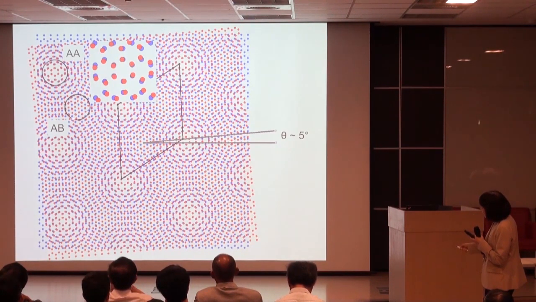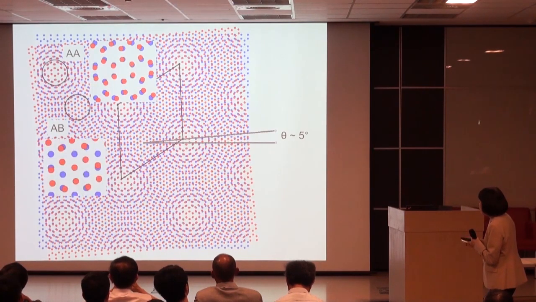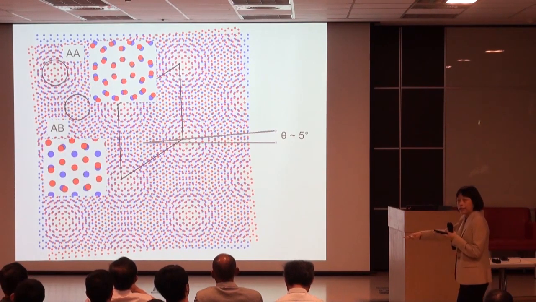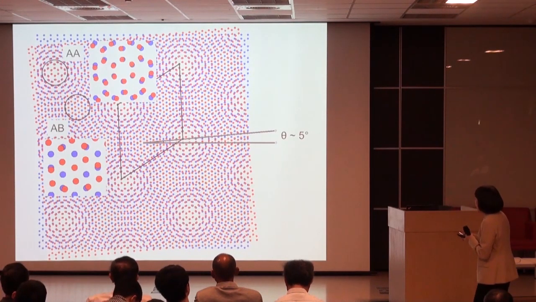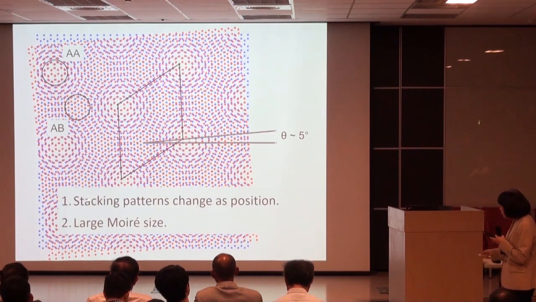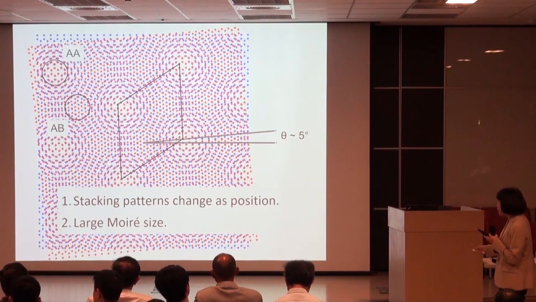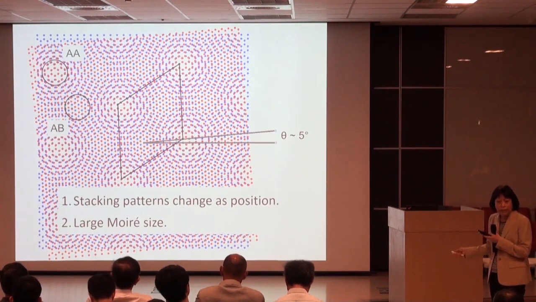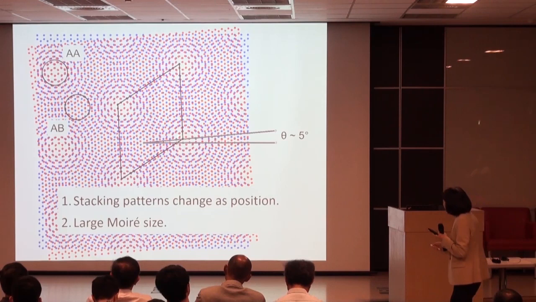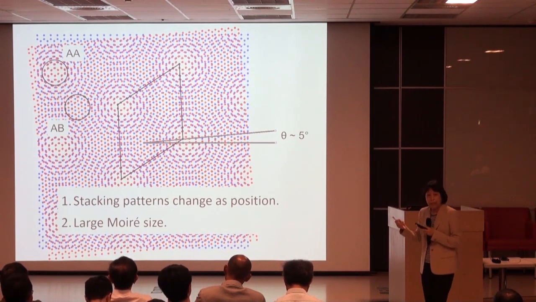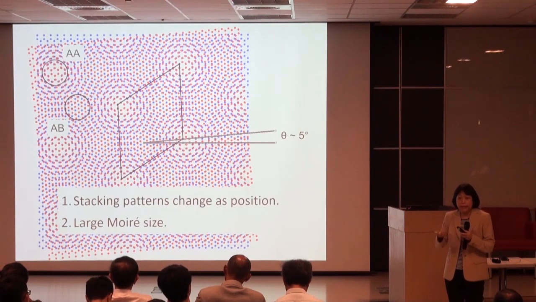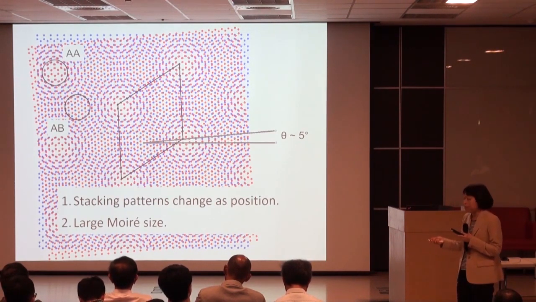The other region we call the AB region, because there the atoms are kind of separated. Okay, so in this situation, we have a system where the stacking pattern changes as a function of position, which means you could look at the combined properties, or you could look at some kind of local properties. And they all happen in one sample.